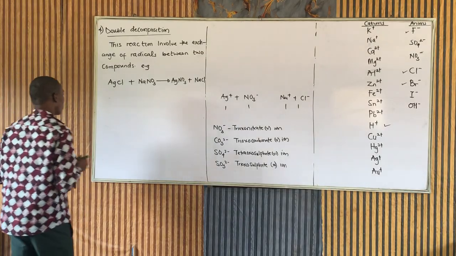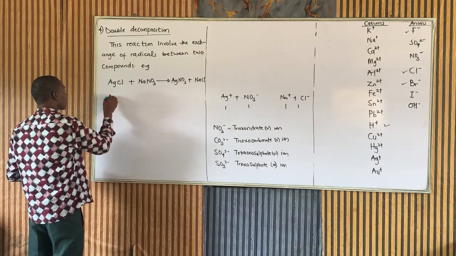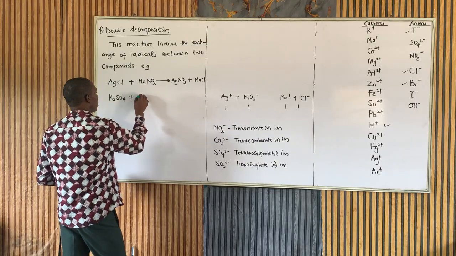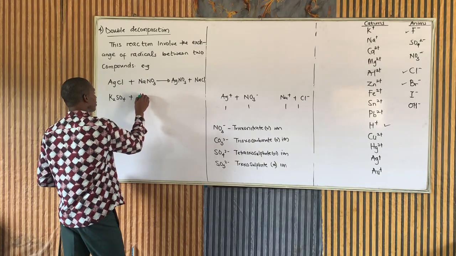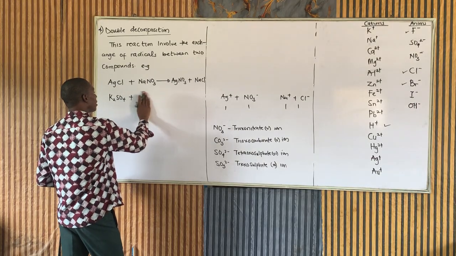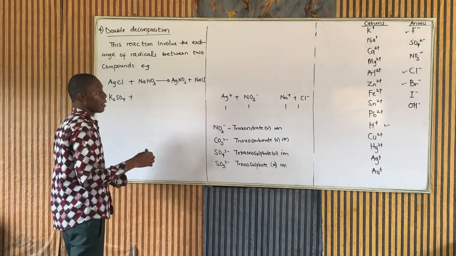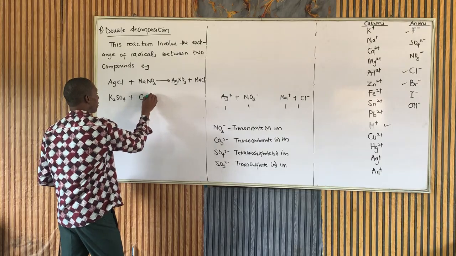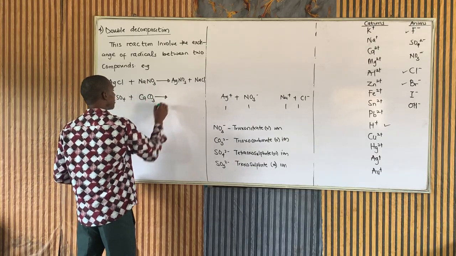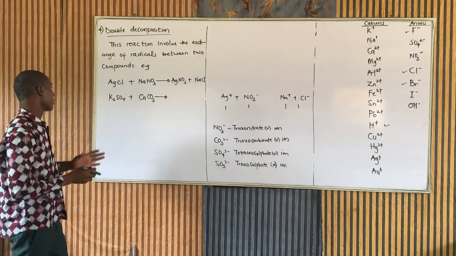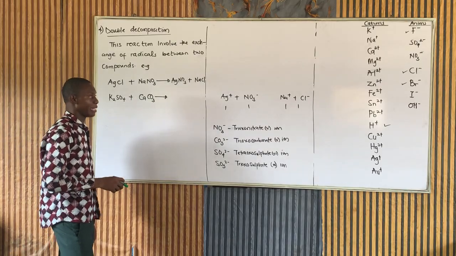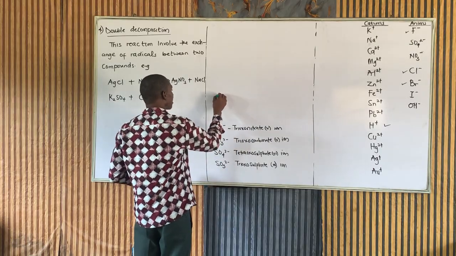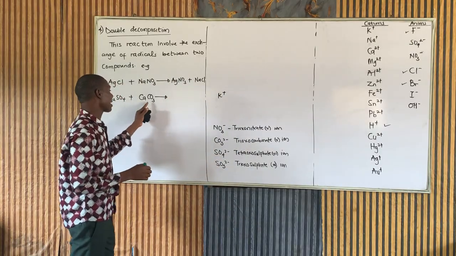Let's take another illustration now. Let's say we have potassium tetraoxosulfate 6 plus, let's say we are using calcium trioxocarbonate 4. How is this going to be? Okay, take note now. Exchange of radical takes place here. What I mean is this. Potassium is coming to combine with the radical of calcium, which is CO3.